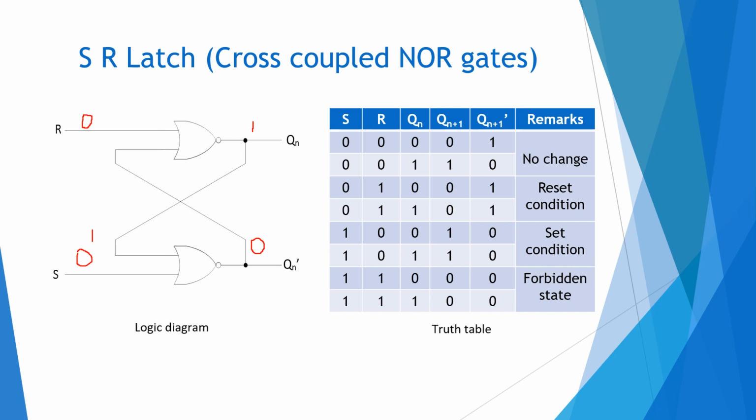If any one of the inputs of a NOR gate is 1, the output is 0. So this 0 comes here. 0, 0, output is 1. So the state remains the same. The state does not change. Qn+1 equal to Qn. So this is the first condition, S is equal to 0, R is equal to 0. No change.